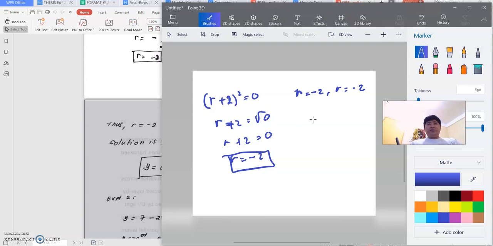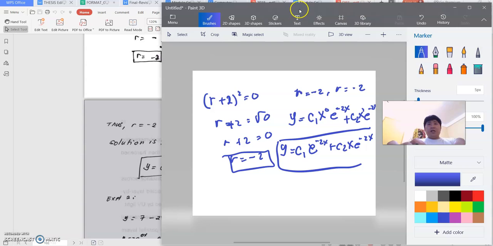So, since you have two roots, your y is equals to c sub 1, e raised to the root times x, plus c sub 2, x raised to the power of 1, kay mo increase by 1, e raised to the power of negative 2x. Therefore, your y is equivalent to c sub 1, e raised to the power of negative 2x plus c sub 2, x e raised to the power of negative 2x.